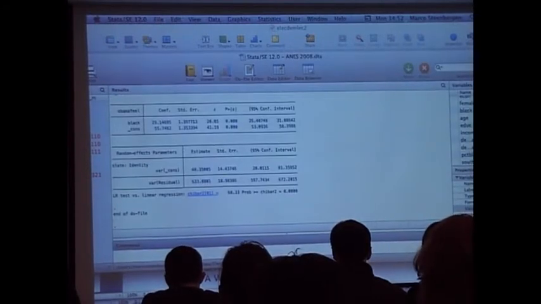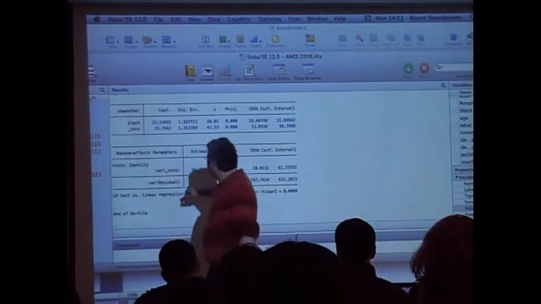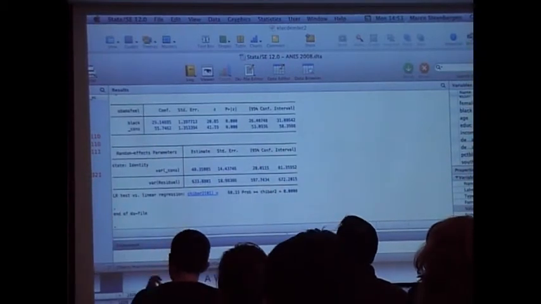So this is a random intercept model I just estimated with a variance component here.